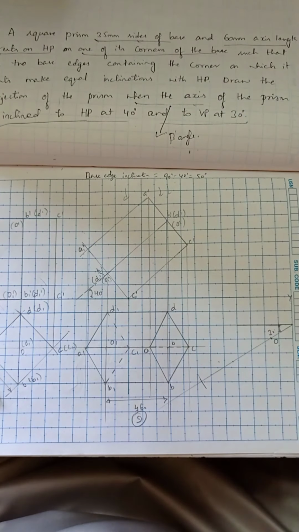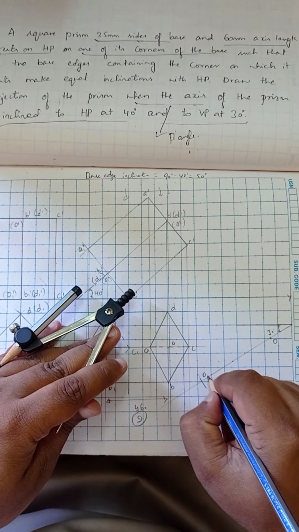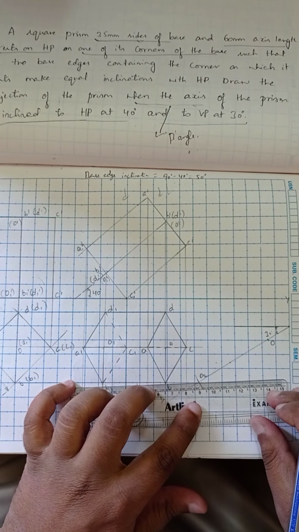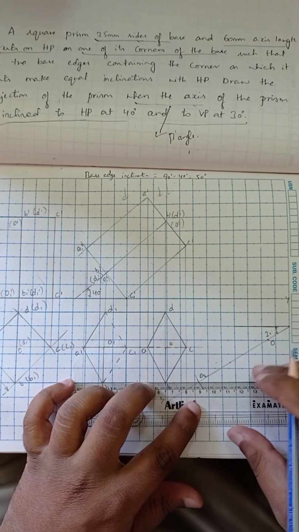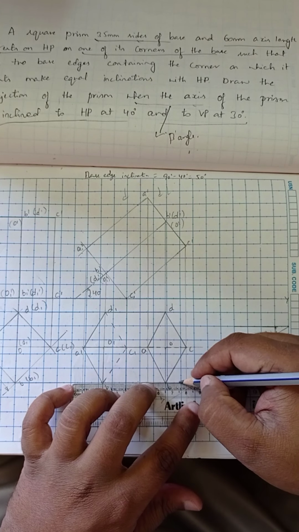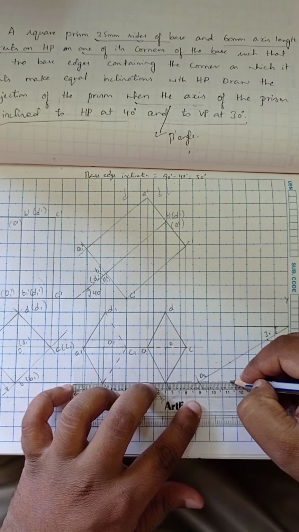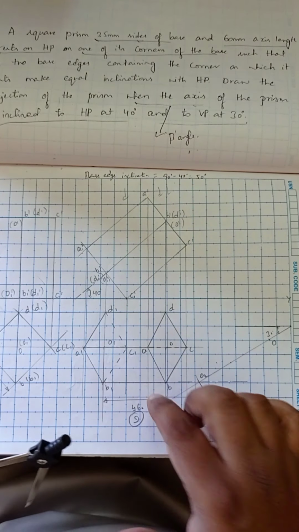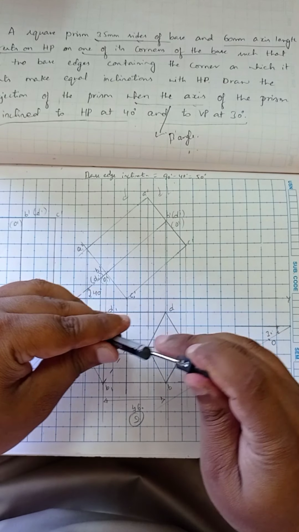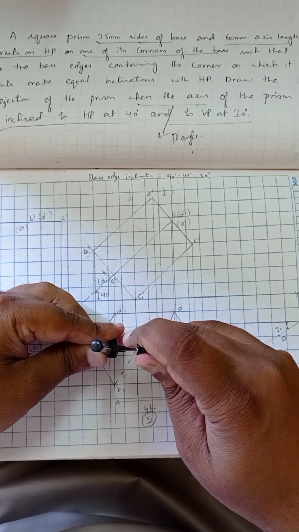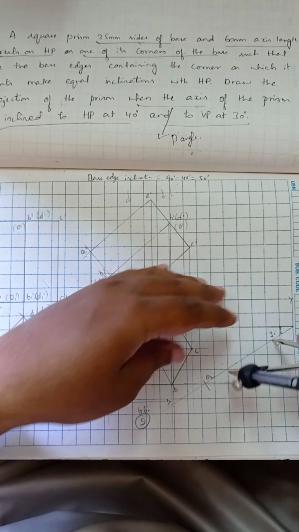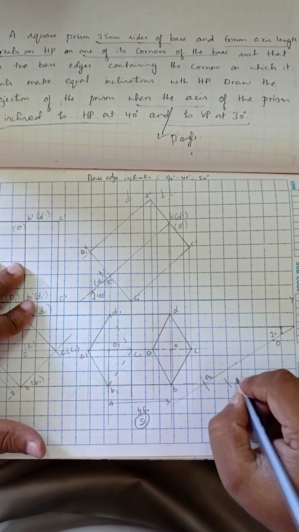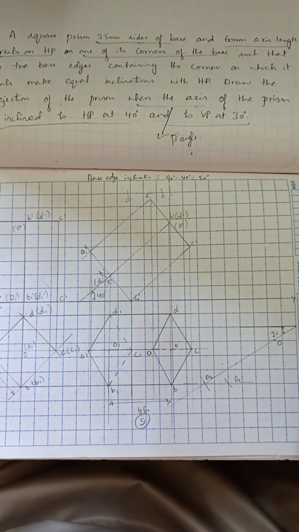I will give this as O2, and here I will draw the locus line. Then again, for the second axis line we consider O2 to O1, and I have cut the arc. This is O1.